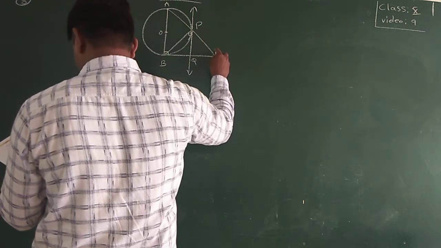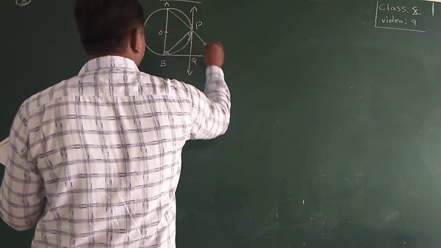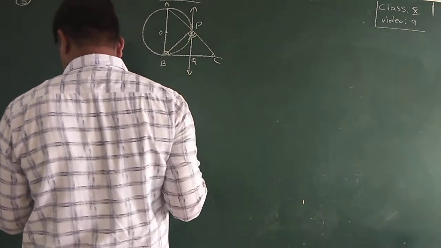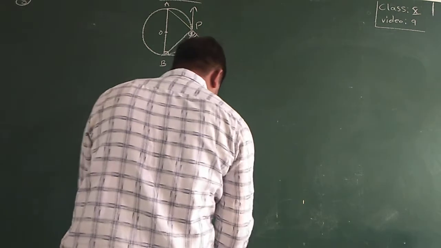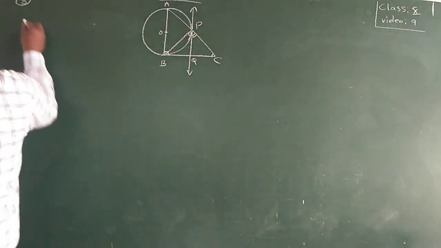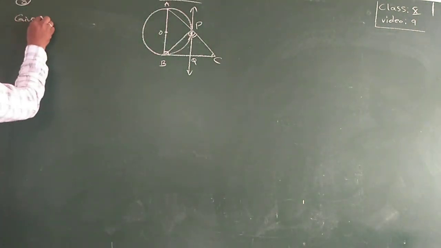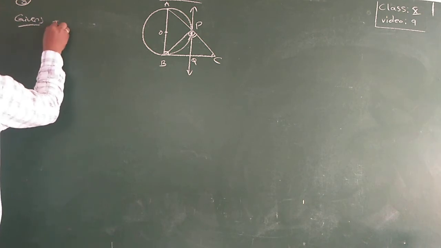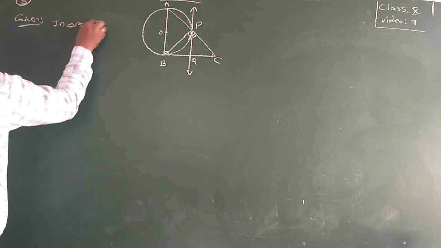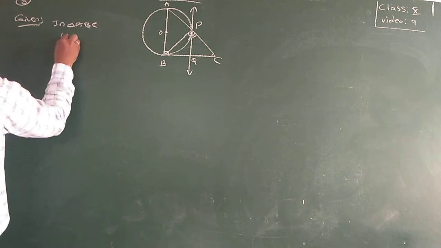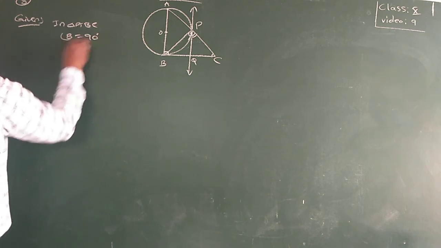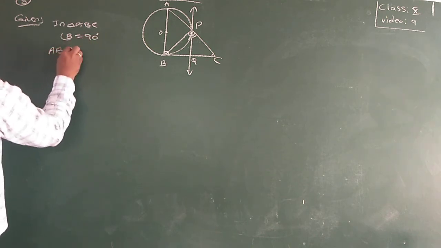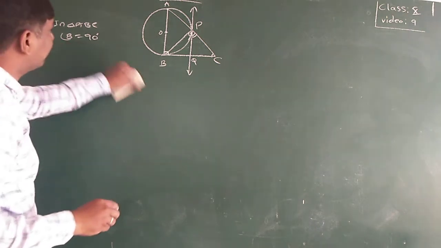This angle here. Now, what is given here? Given: in triangle ABC, angle B is equal to 90 degrees. O is the center of the circle.